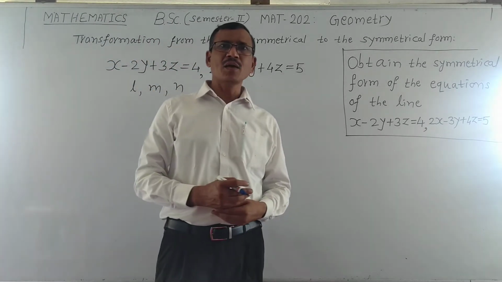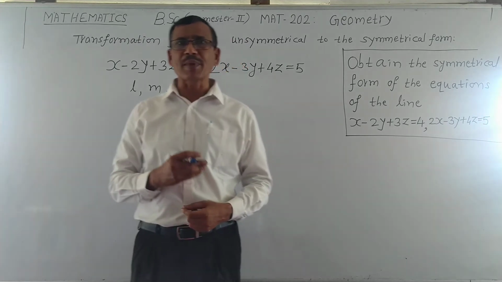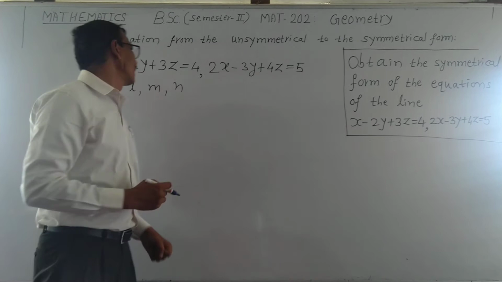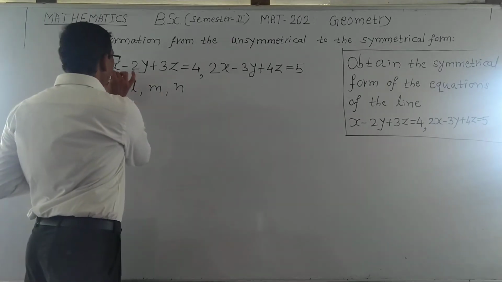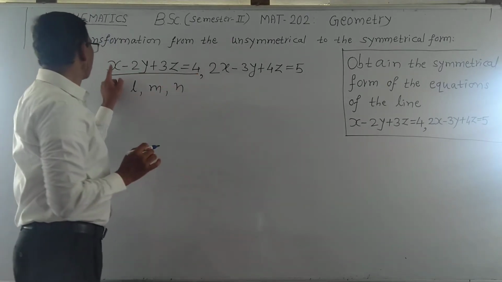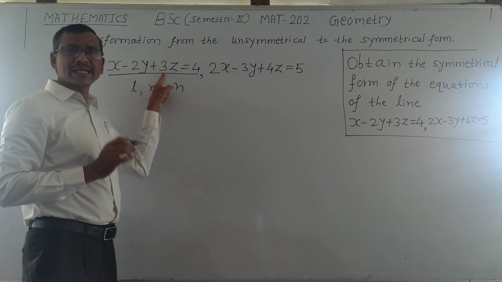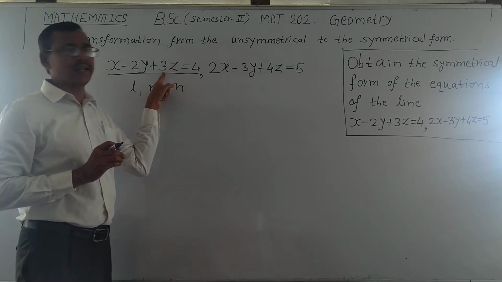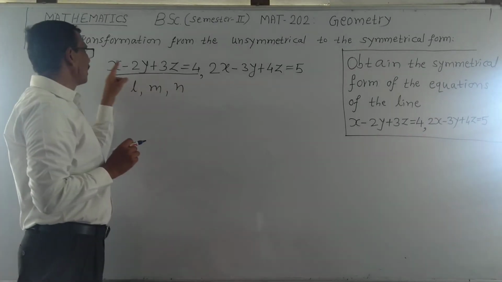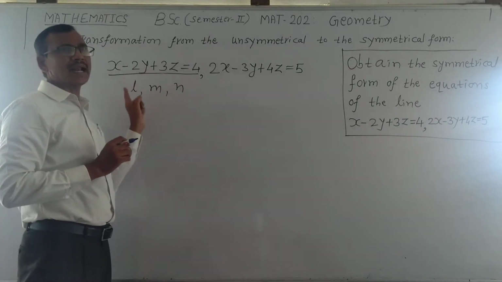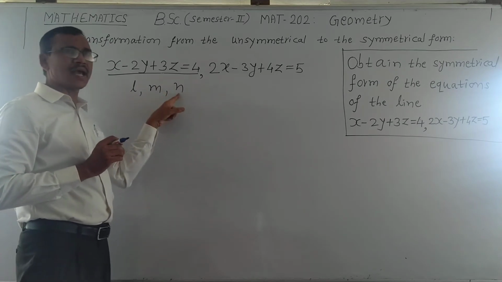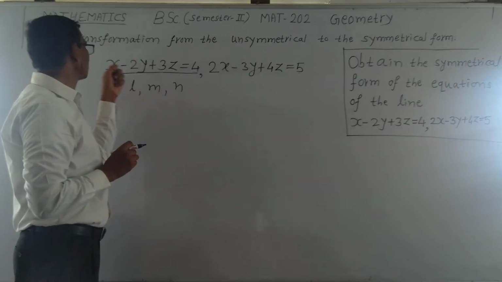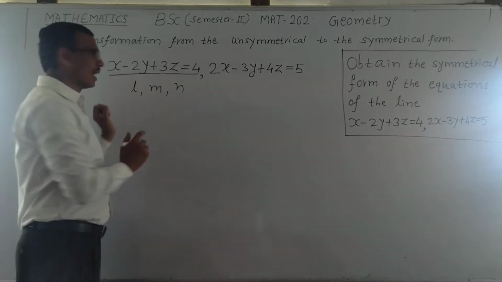As it lies in both the planes, it must be perpendicular to the normals to the planes. The direction ratios of the normal to the first plane are 1, minus 2, 3, since the coefficients of x, y, z in the equation of the plane are its direction ratios.